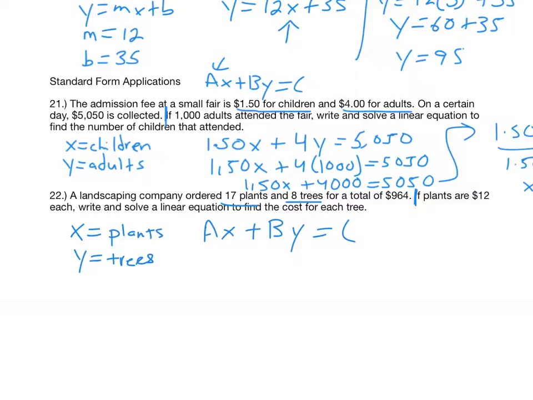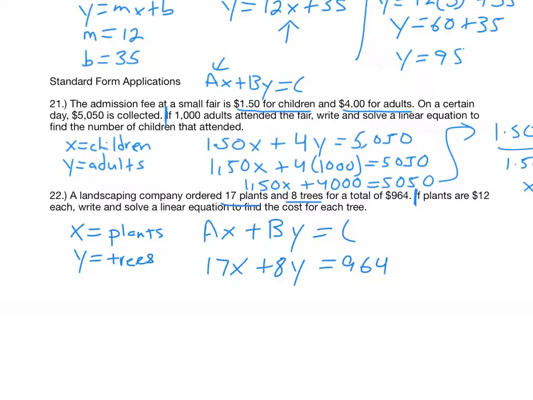So what number would go in the a position? Well, they ordered 17 plants, so it'd be 17x. What number would go in the b position? They ordered 8 trees, so it'd be 8y. We don't know how much it costs, but we know that the total was $964.